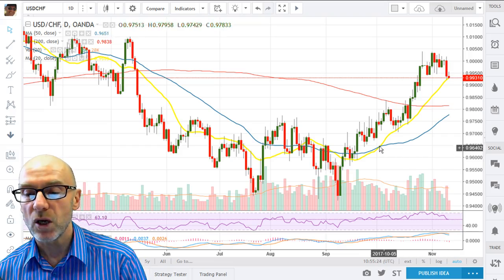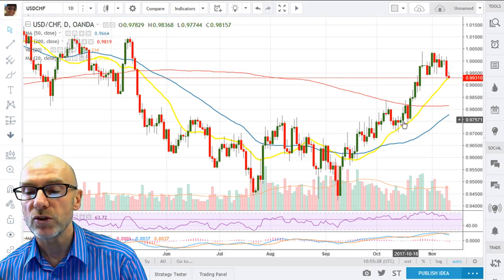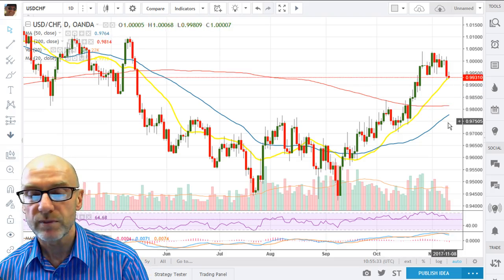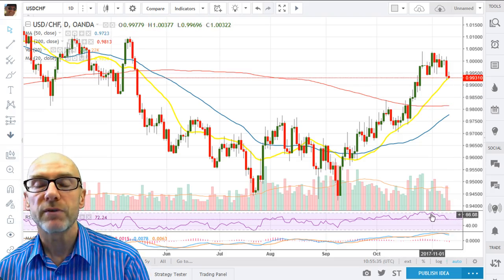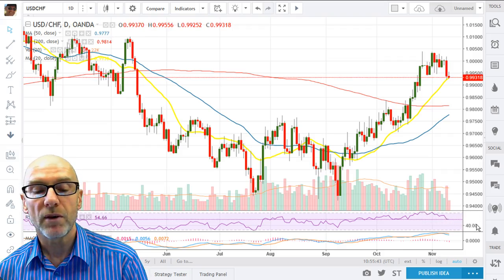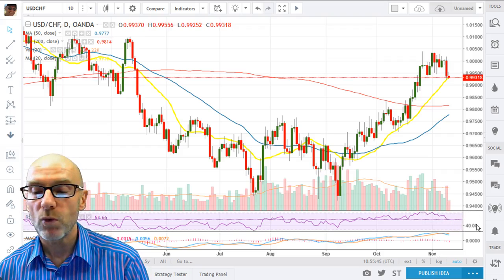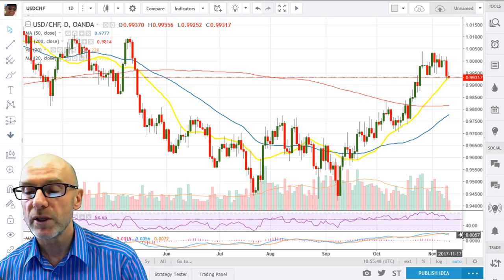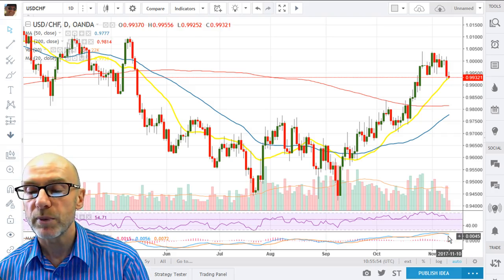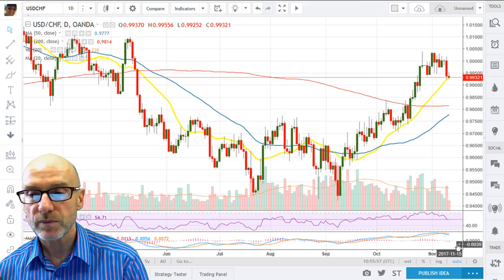We did get a golden cross, 20 crossing 50 and 20 crossing 200 as well. So the picture on the moving averages will be positive. We're losing a bit of upside momentum. You can see that the RSI is now in a downtrend, still above 50, presently 54.66, but there is a warning sign coming out from the MACD as they've now rolled over, and the short term is below the longer term.